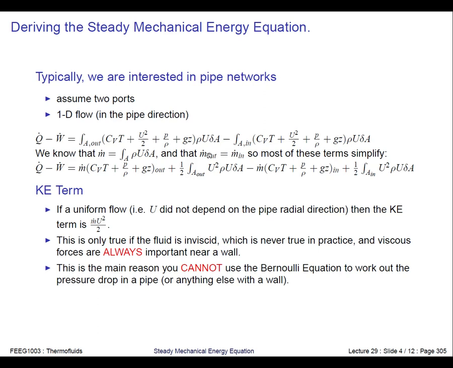Because gravity and the Z dimension don't depend on the cross-sectional area, we can take this out of the integral. Then we have GZ times the integral of rho U dA, and the integral of rho U dA is just the mass flow. So we can write that this term is just the mass flow times GZ.